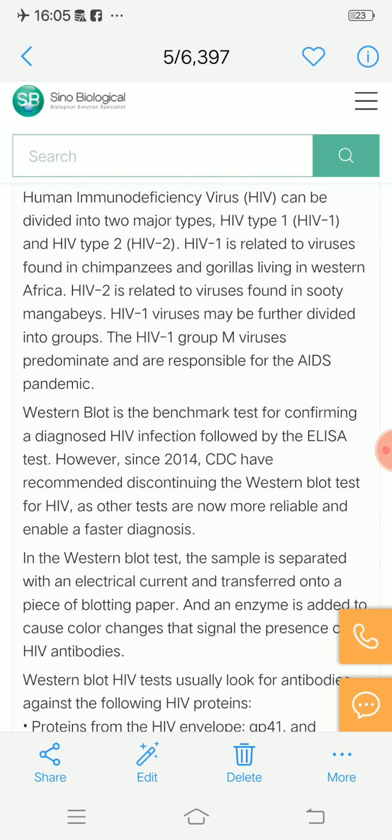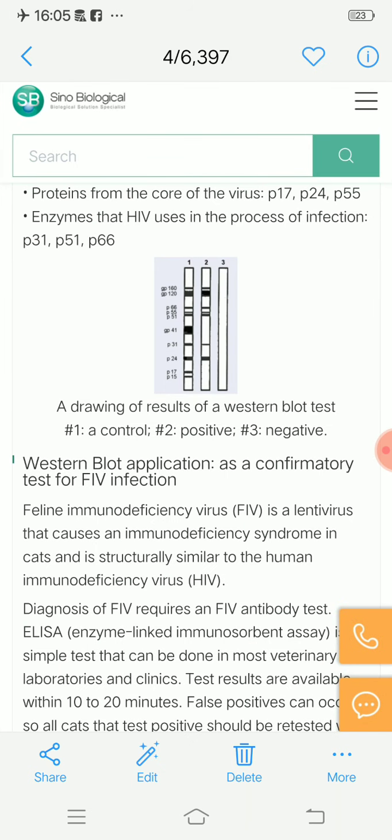It is present on the envelope. Here some protein names are mentioned, like P17. If you don't know, please go and see the structure of the HIV virus, you can see how many proteins are there. And you are doing the Western blotting of that protein.